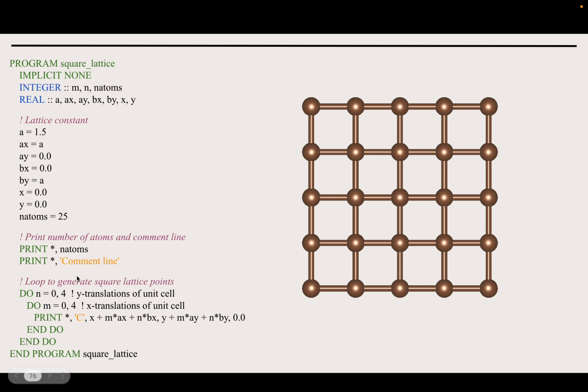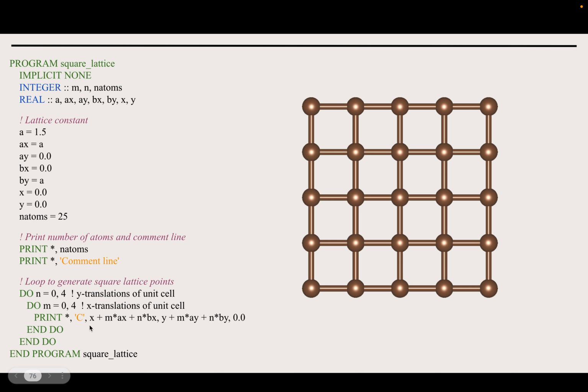Next we will use our do loop to construct our square lattice. The do loop starts with n equal to 0 to 4. This will handle the y axis translation. Then inside this do loop, another do loop is used, do m equal to 0 to 4. This will do the x axis translation part.